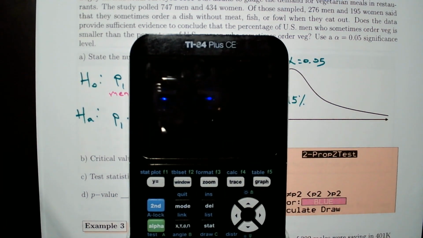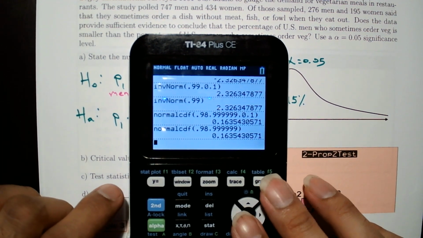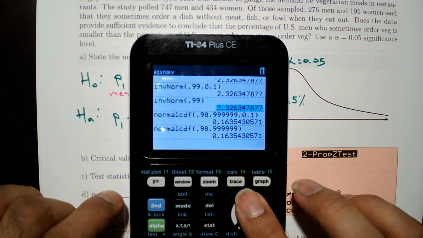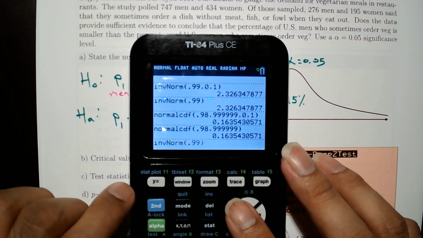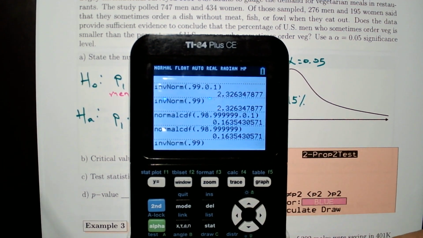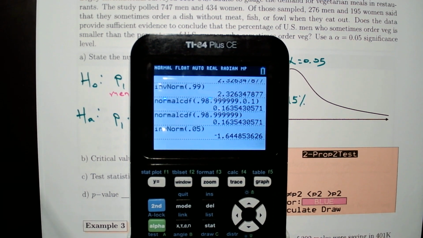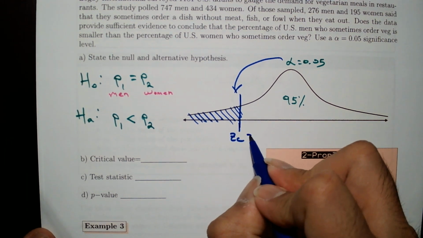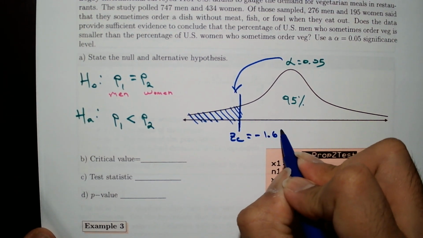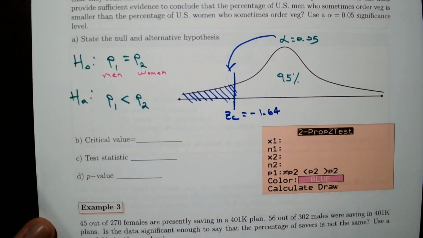In inverse norm, 0.05, negative 1.64. That's our z-score here.